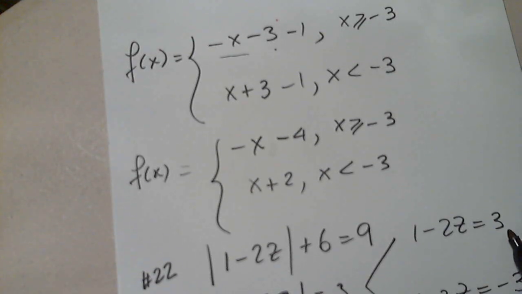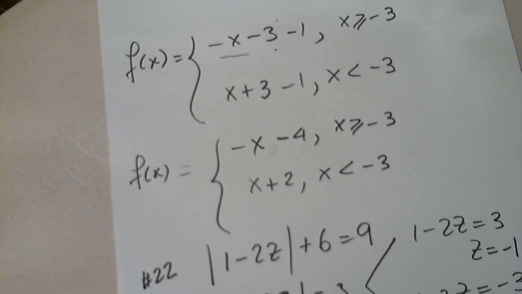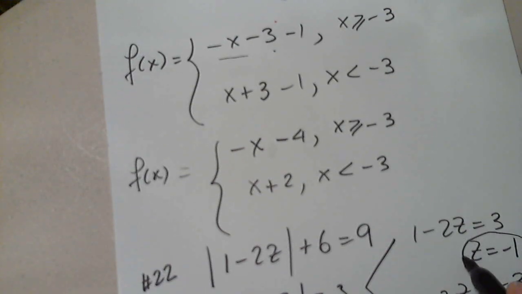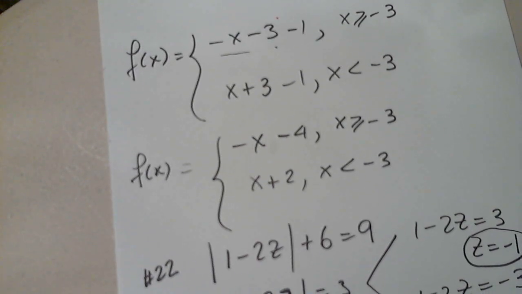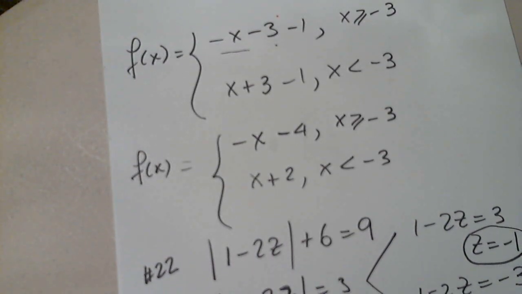So I move 1. I get negative 2z equals 2, so z equals negative 1. I move 1, I get negative 4 divided by negative 2, z equals 2. You can always say, wait a minute, let me check. Fine. Negative 2 times negative 1 is 2. 2 plus 1 is 3. The absolute value is 3. 3 plus 6 is 9.